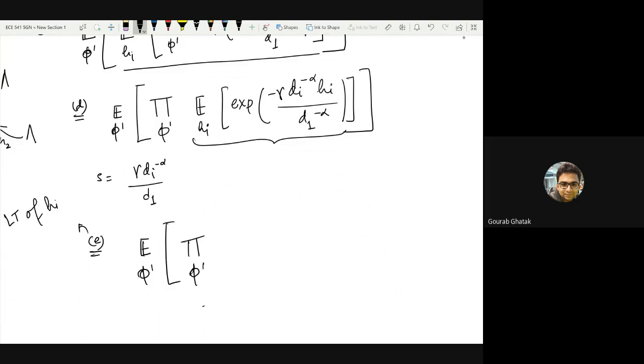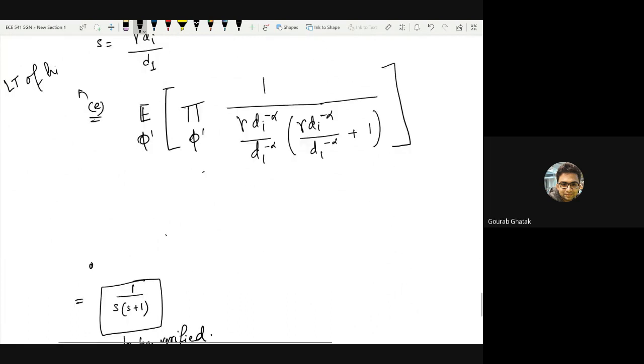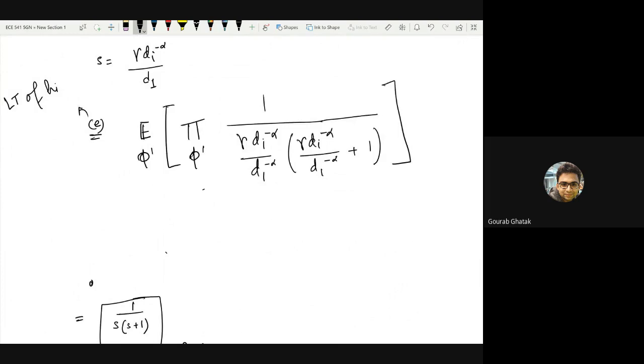The function is now called 1 by gamma di minus alpha by d1 minus alpha, gamma di minus alpha by d1 minus alpha plus 1. Okay. Verify this at home because I think there is something missing here still. So let me write it as star, to be verified.